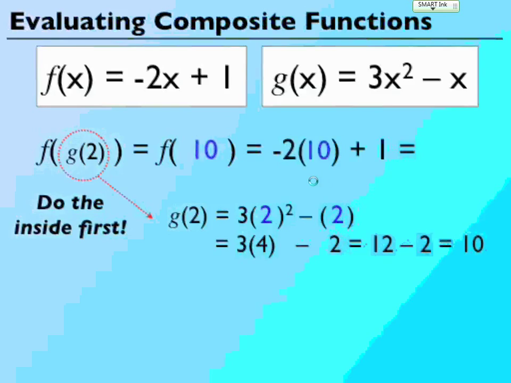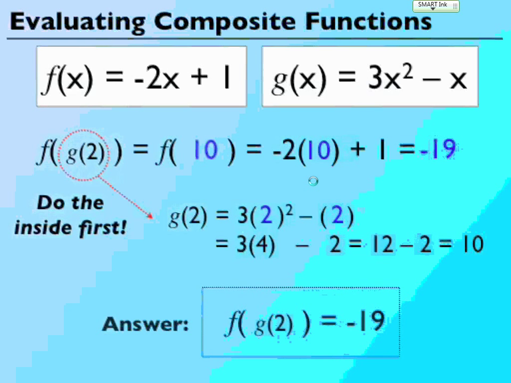We put the 10 in, and then we go ahead and just do the math. -2 times 10 is -20, plus 1 gives us -19. All right, let's do another one of these. Oh, let's show the answer down at the bottom. And how you say that is f of g of 2 is -19.